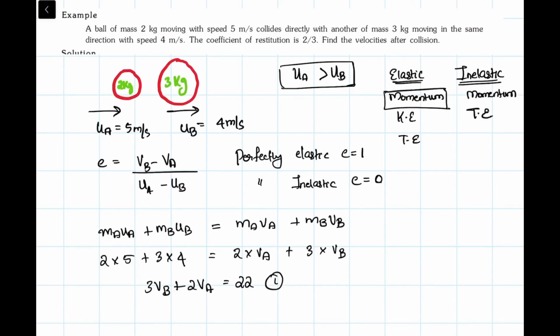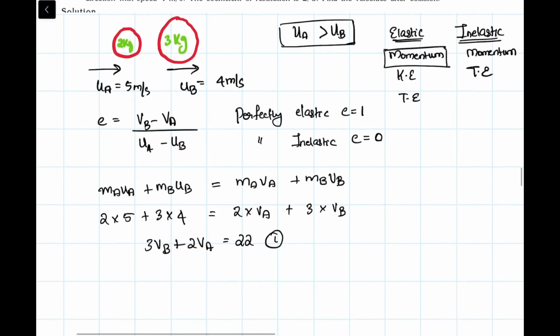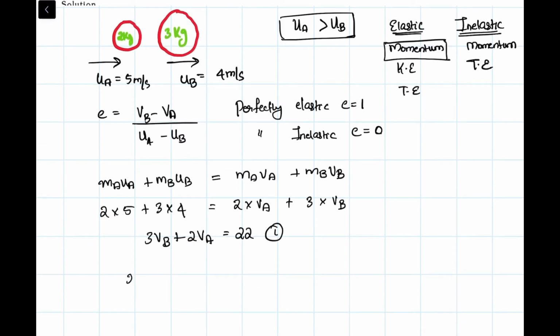Now we need one more equation to solve for VA and VB. We can take the coefficient of restitution formula. The coefficient of restitution is already given, e is 2 by 3. So 2 by 3 will be equal to VB minus VA divided by UB minus UA. What is UB minus UA?